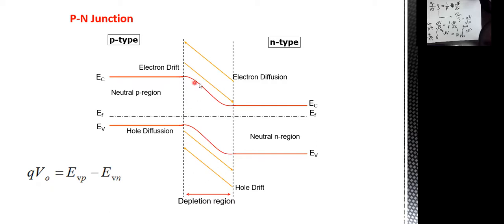Because as you can see, and based on the observation we just concluded, no free carrier exists in this region. And if you remember, my dear students, our definition for insulator, we say that insulators are the materials which have no free carriers. So this in-between region tends to be like an insulator because there are no free carriers in this region.